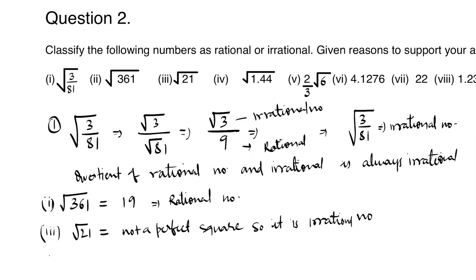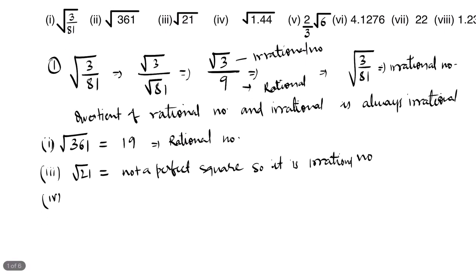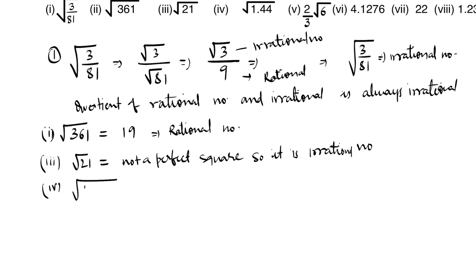Okay. The fourth question is root 1.44, which is a perfect square of 1.2. So this is a rational number.